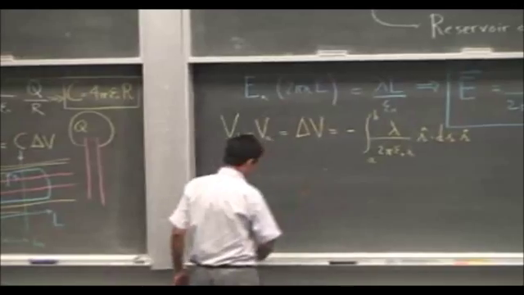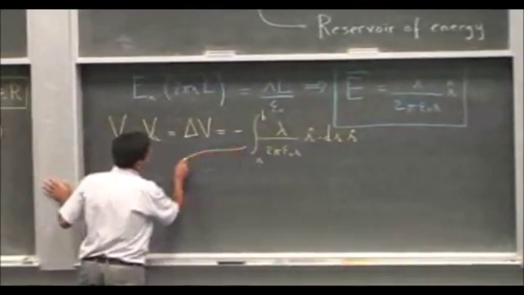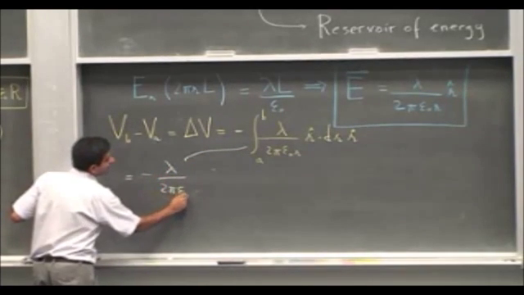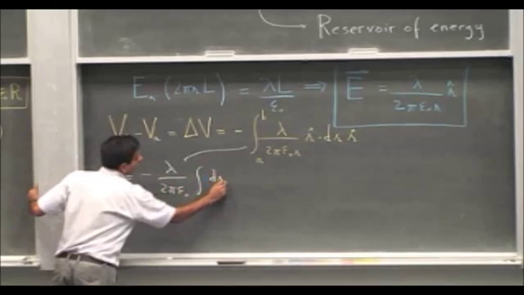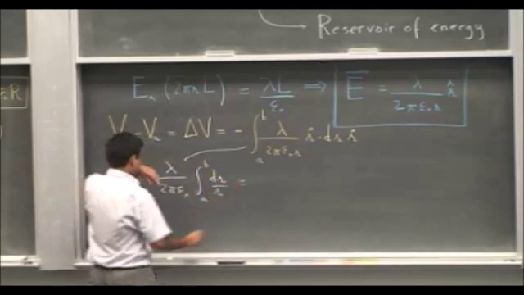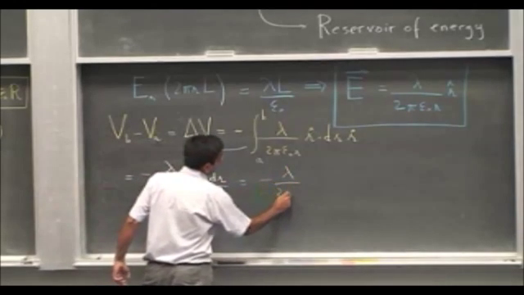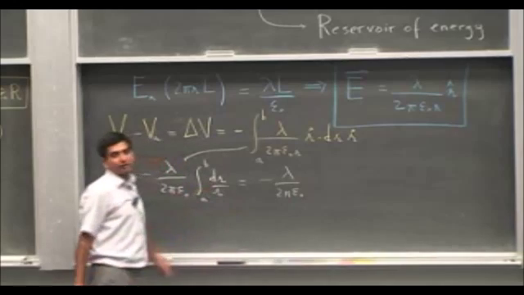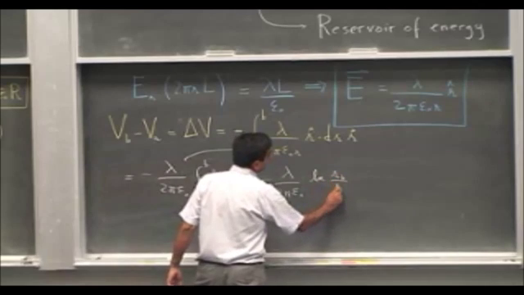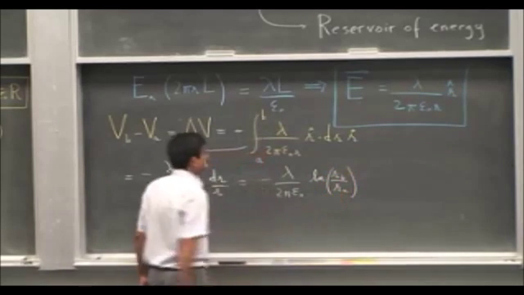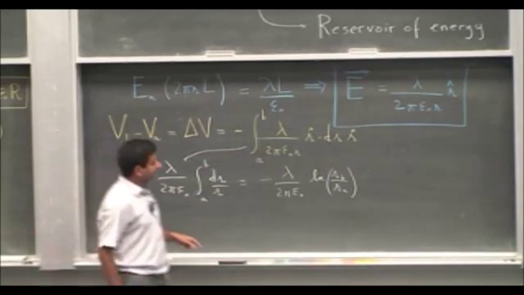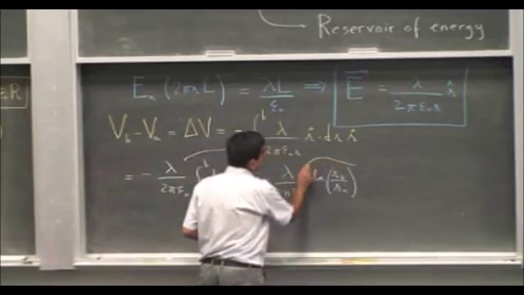So this turns out to be minus lambda over 2 pi epsilon naught, integral of dr by r. I'm going from A to B, minus lambda over 2 pi epsilon naught. This is natural log of r. So I have natural log of R_B divided by R_A. Now, is this quantity positive or negative?